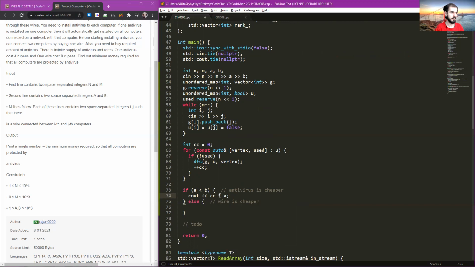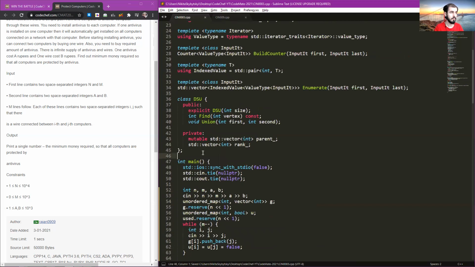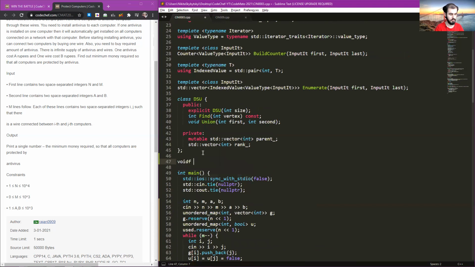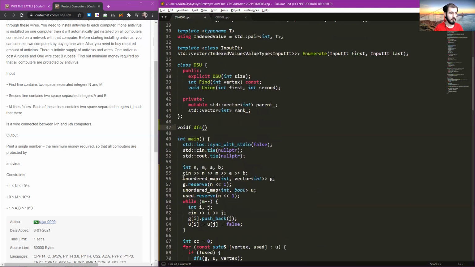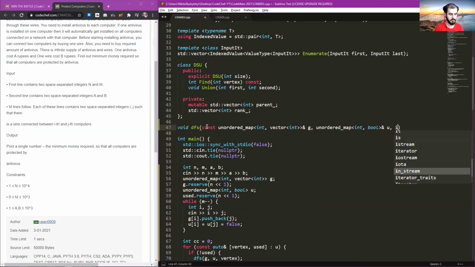Here are no test cases. Okay. I will output anyway. I hope they don't break my unordered map.